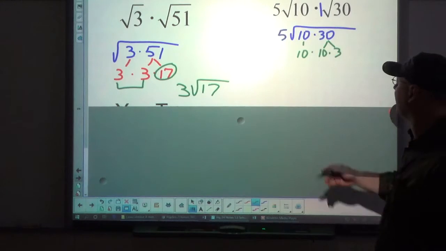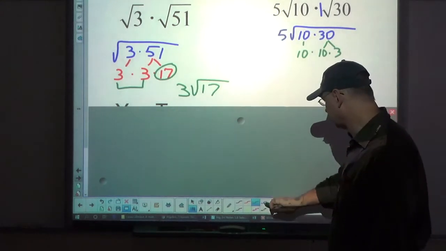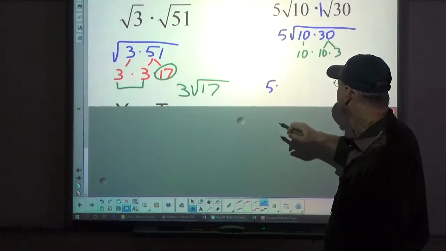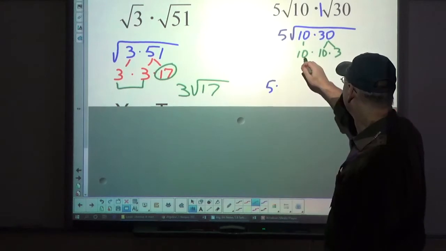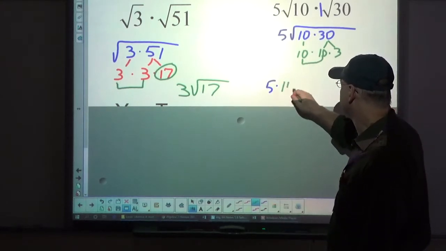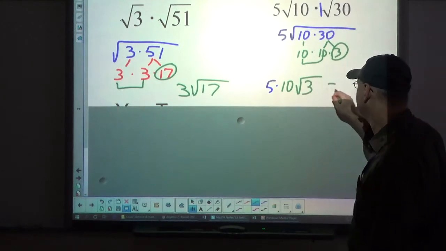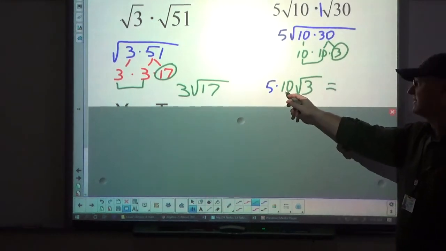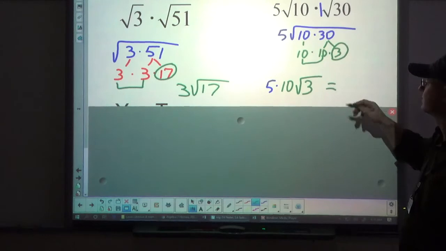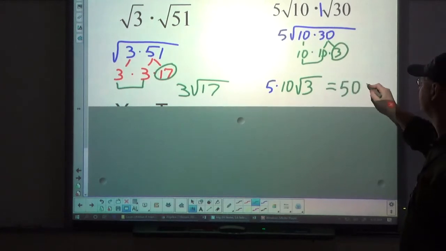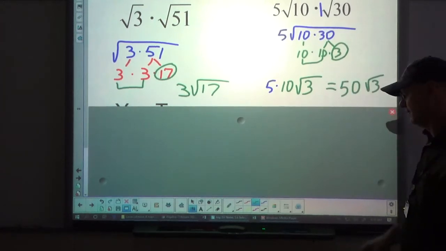I see that I have a pair of 10s. Now I'm going to write that 5 on the outside. And now I've got my pair of 10s on the outside. The 3 is left over inside. And the 5 that was outside times the 10 that came out gives me 50 square root 3.